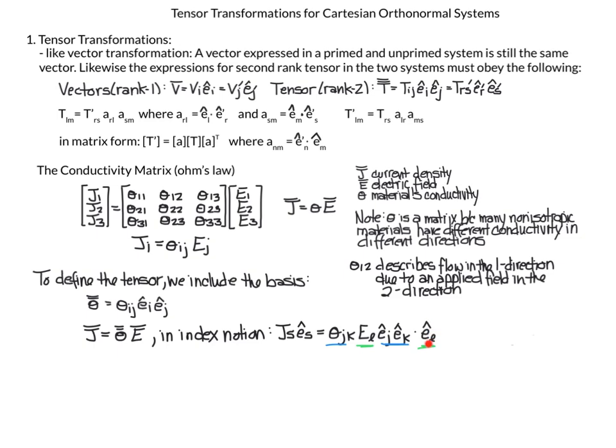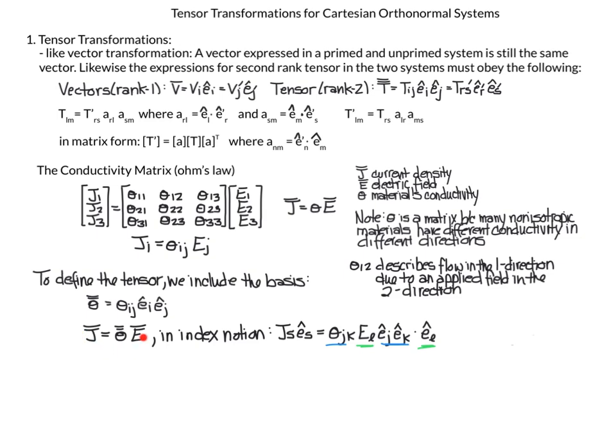So this basis vector goes with E sub L. I probably should have grouped them together and then rearranged them, but I can rearrange them because by the time we get down to the sigma jk, that's just a scalar. So here we have our equation written in index notation using our tensor.